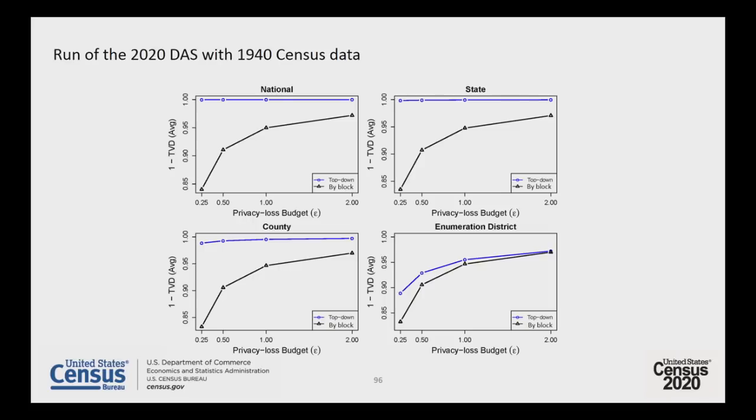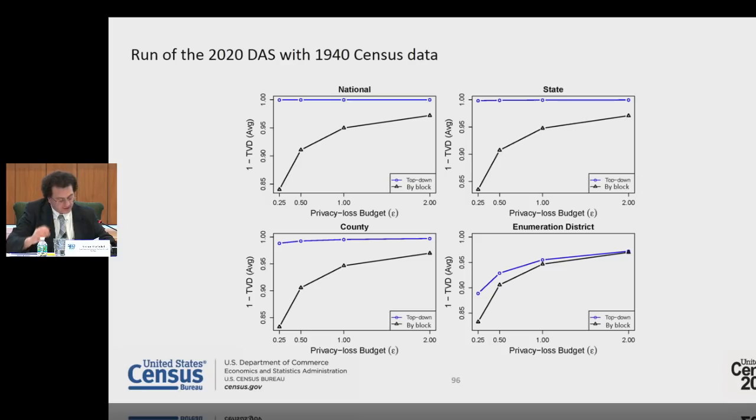So on slide 96, you will see a summary of actual runs of the 2020 DAS as implemented in the 2018 end-to-end census test, but using public microdata from the 1940 census. The graphs compare runs of the 2020 DAS with two different algorithms. On the bottom, the black line is our original algorithm, which provided privacy protection block by block.